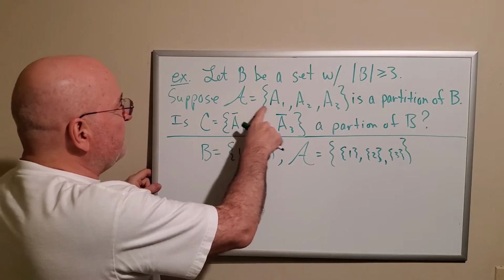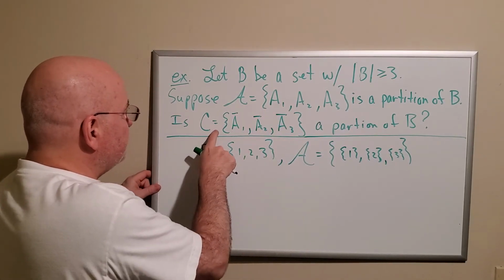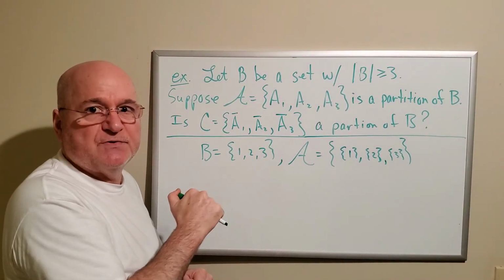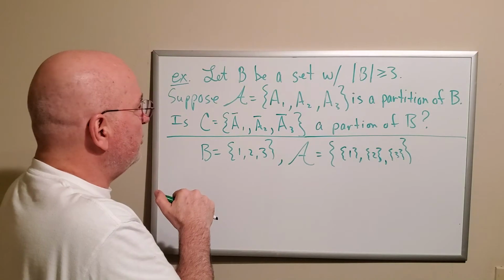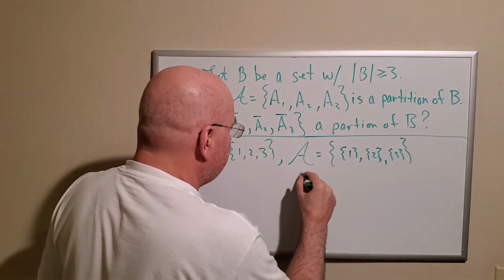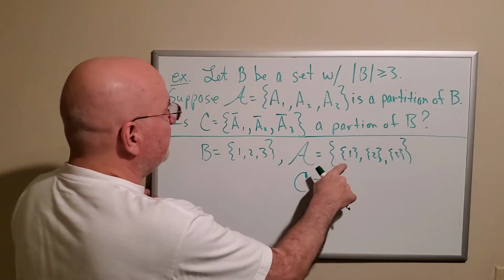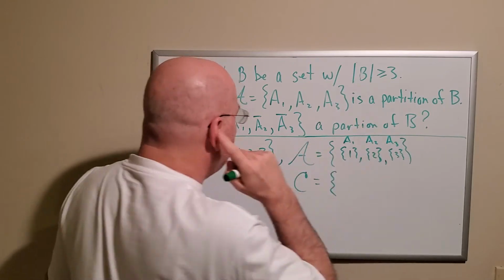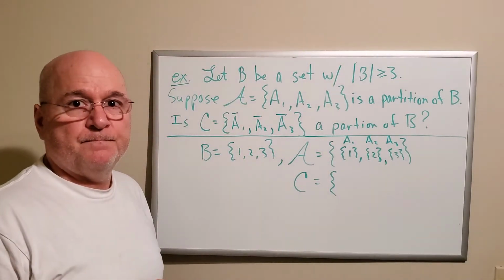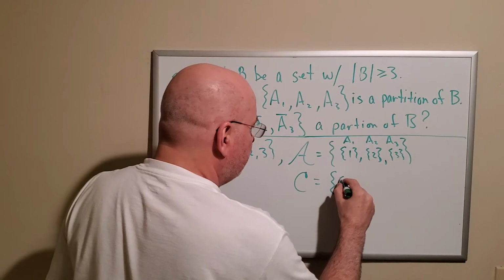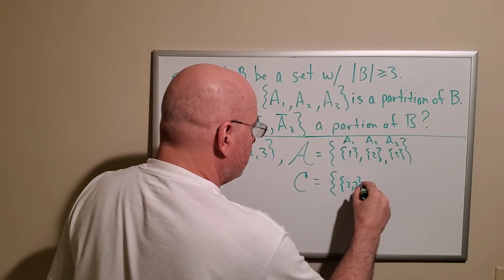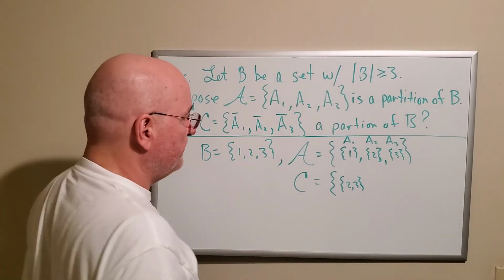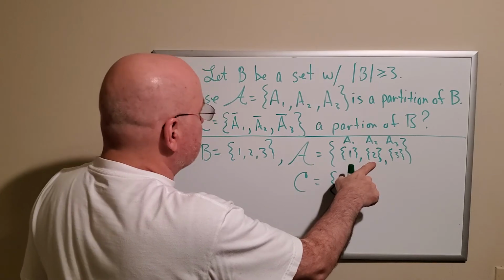Now, C, which is, remember what the bar means? It's the complement of those sets. So let me write it right underneath here. C is, this would be like our A1 bar, our A2 bar, and our A3 bar. Well, what is A1 bar? The complement of it. Well, that would be the set 2, 3. It's everything in B that is not 1. What's A2 bar?